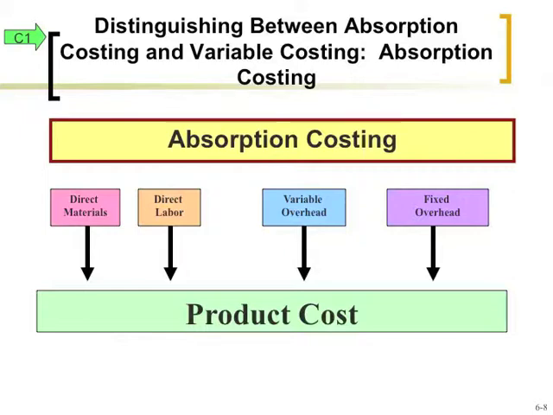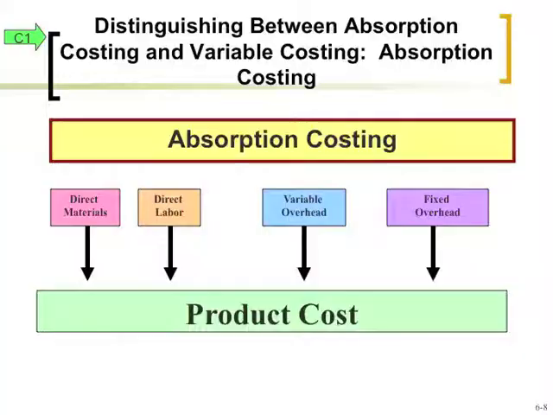Now notice the first three items, direct materials, direct labor, and variable overhead, under our cost behavior definitions, those are all variable costs because, to refresh your memory, the total direct material cost is going to move up or down as the number of tables that we make moves up or down. The same with direct labor, the same with variable overhead.